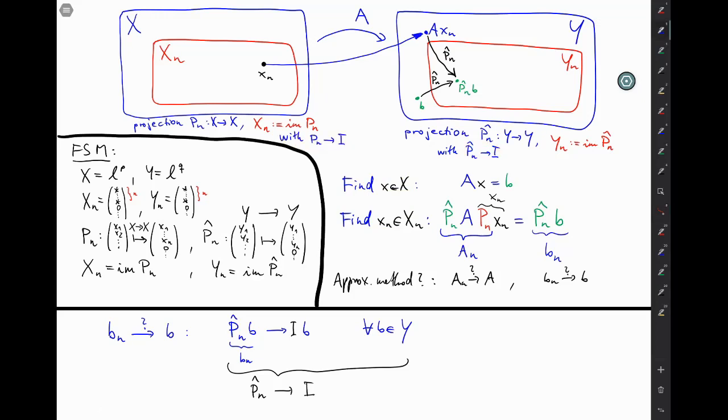And to avoid confusions, we should say that this is the identity on a space x, and this is the identity on our space y. Okay, but then we can tick this question here, and we are left with that one.